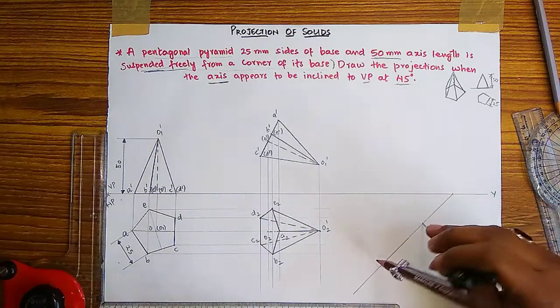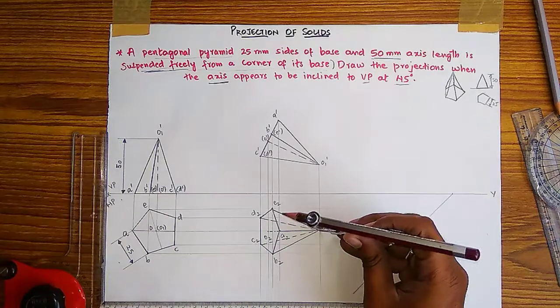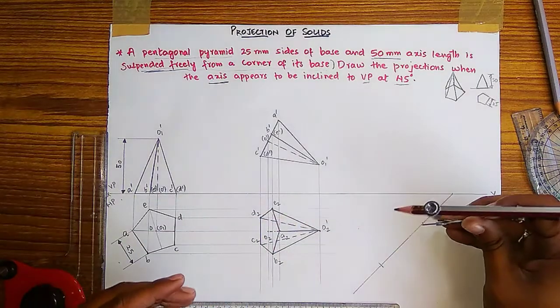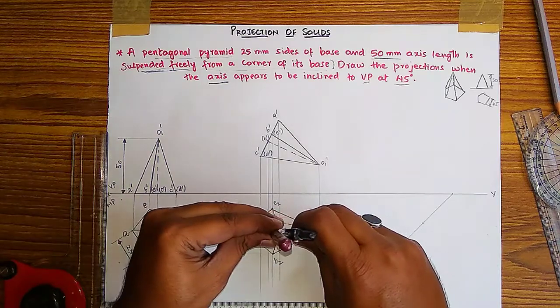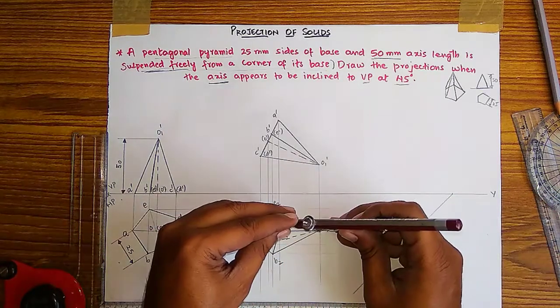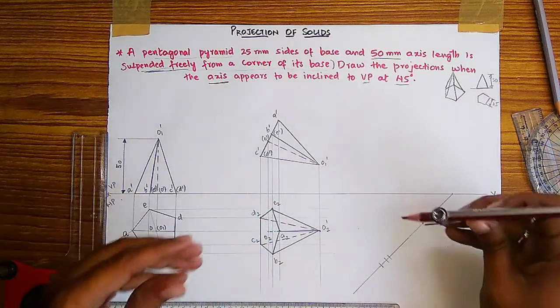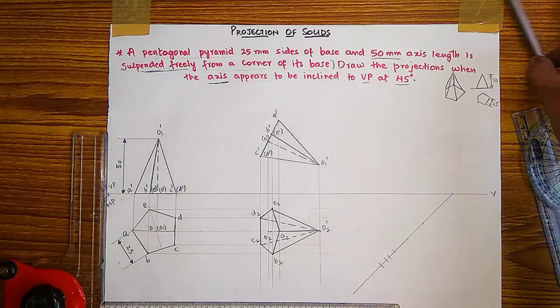After measuring the total length, I have copied it, and each perpendicular line I am measuring and putting an arc. To copy this whole figure, we have to do this process. Otherwise you can do it by your own process also.